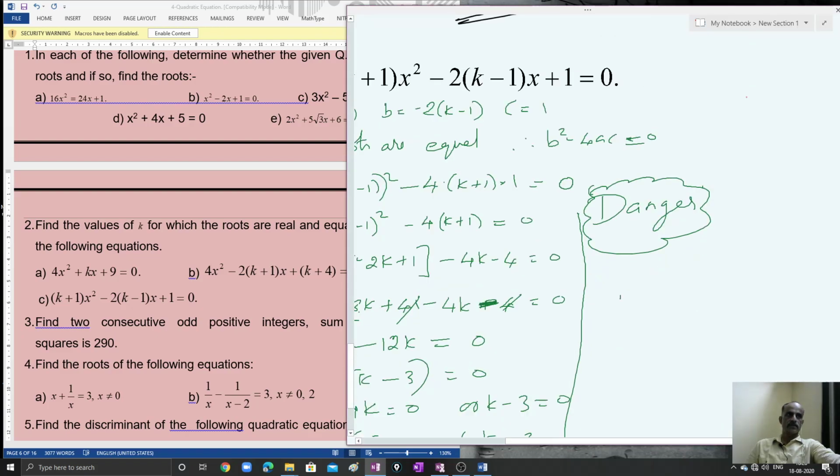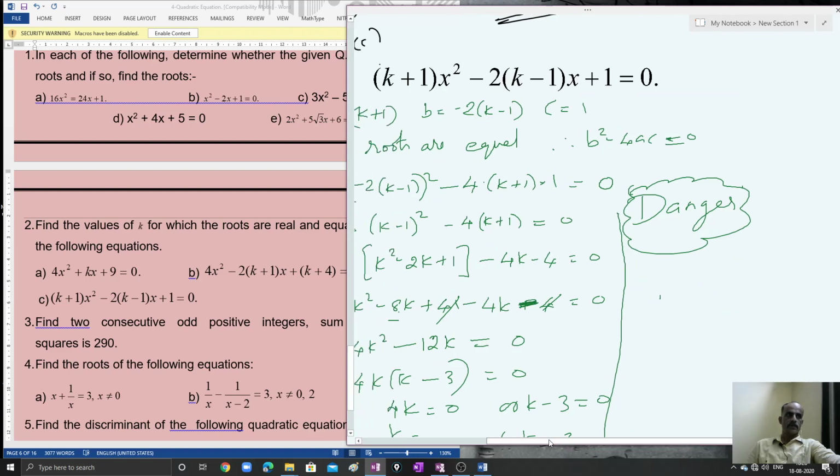Suppose k is coming to be 0. Instead of k plus 1, suppose the equation is like this.